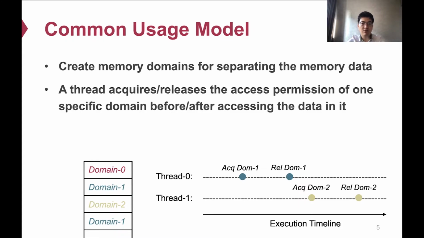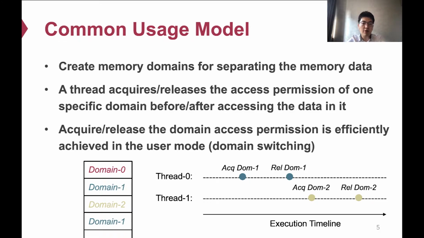An application thread acquires or releases the access permission of one specific domain before or after accessing the data in it, which reduces the chances of isolated memory being affected by vulnerabilities or faults. Acquiring or releasing the domain access permission is efficiently achieved by executing the WRPKRU instruction, which is referred to as domain switching.